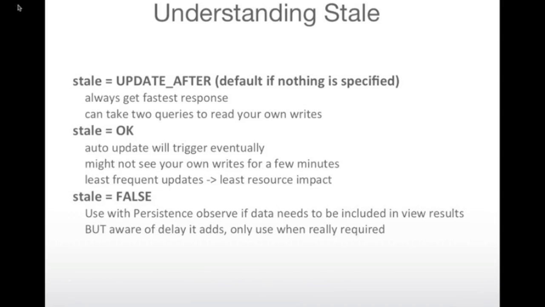So you have to understand you can do a stale equals false, but even then, if you do it immediately after your create operation, it may not have made it to disk yet, in which case, even if you did stale equals false, it wouldn't show up in your index. So there is a time delay. You can use what's called store with observe, which I talked about in Couchbase 102, which will tell you that this has made it on disk, and then if you do stale equals false, you'll guarantee that it's in the index.